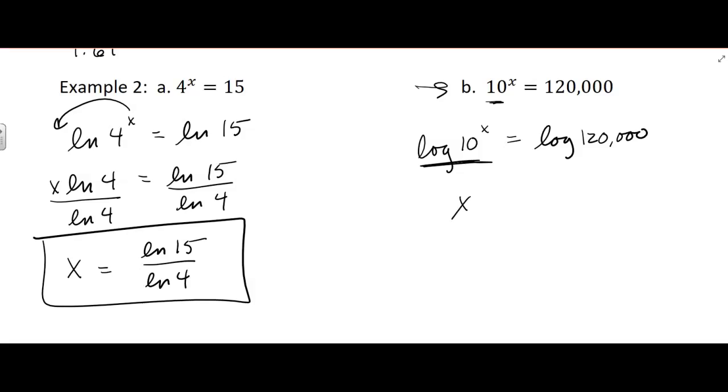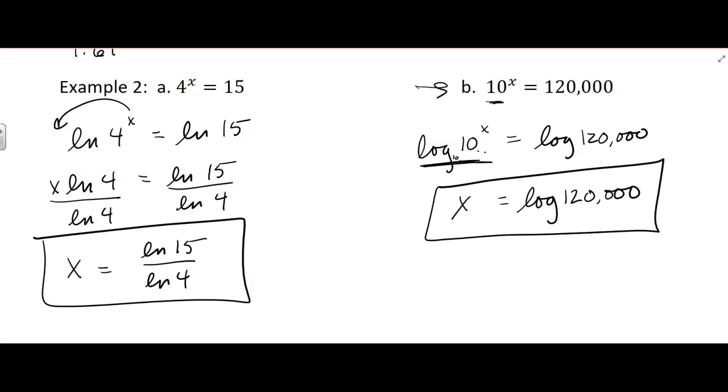It's just x. You could think of a little 10 here that we don't write, but that's just the exponent then, because the base here is matching the base in the argument. Okay, so you have x equals log 120,000. And if you want a decimal approximation, you can put that in the calculator as well.